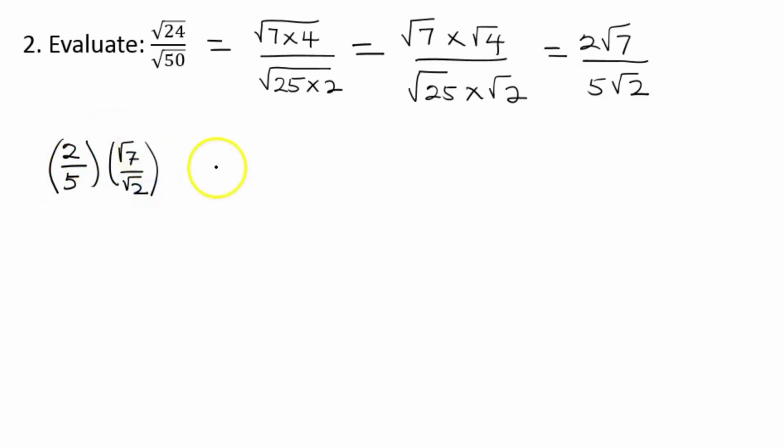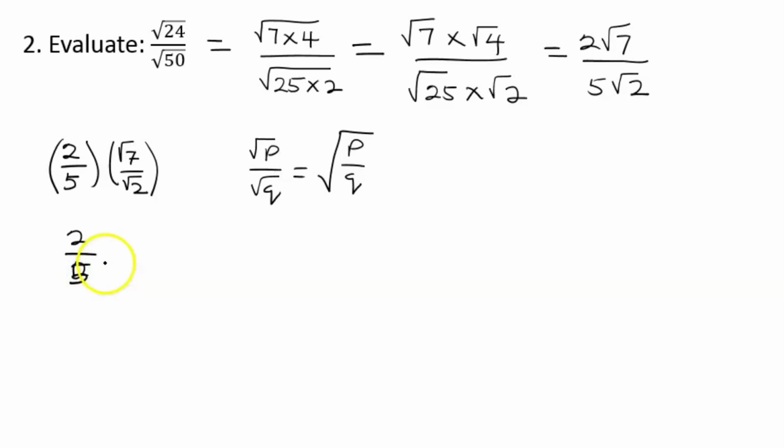If you remember our rule in division, we say that if you have root P over root Q, it is the same thing as saying the square root of P divided by that of Q. So if we just want to play with this, it's just going to give you root 7 over 2. So you can leave it like this. You can have something like this just to play with the rules. But you can't divide these two and this. No, that would be very wrong.